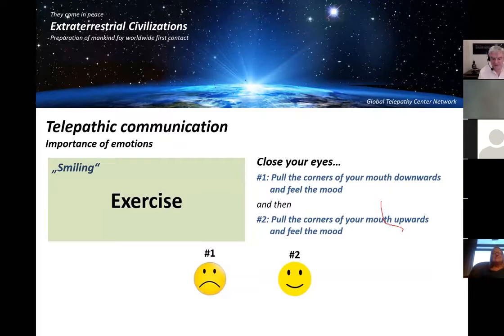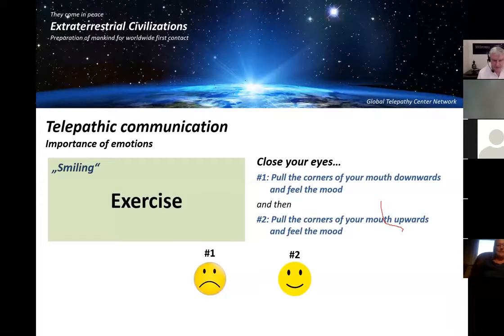Possibly you feel a difference, but now please keep that state. Pull the corners of your mouth upwards and try to feel the emotion fear. And then you can come back and open your eyes.